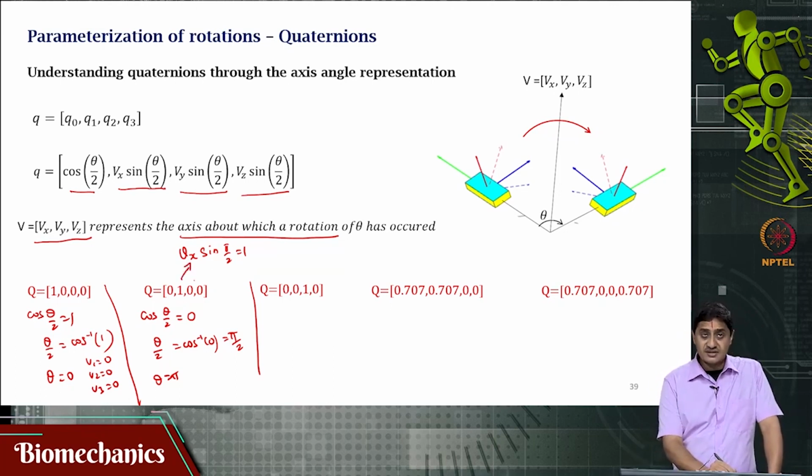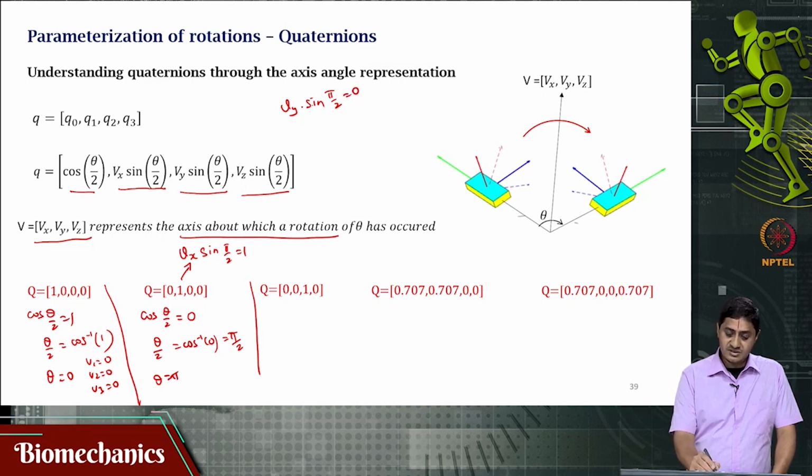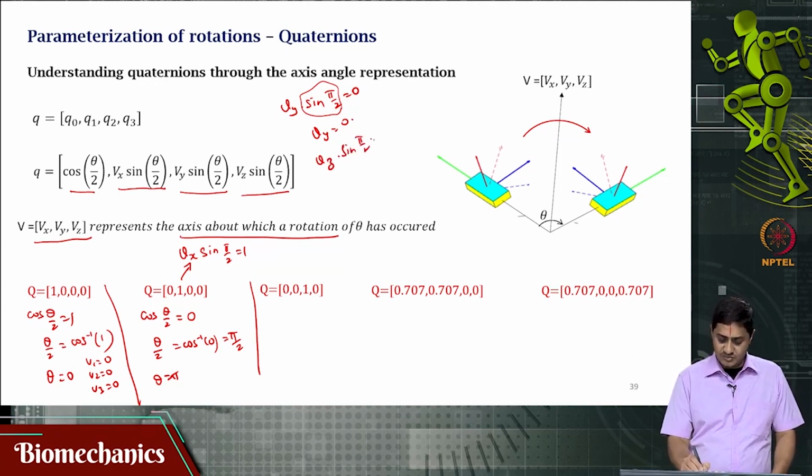Also, is there any component of rotation about the other axes? Probably no, because Vy sin pi by 2 is equal to 0. That means, although sin pi by 2 is 1, Vy must be 0 for this to be 0, is it not? Likewise, Vz sin pi by 2 is equal to 0.